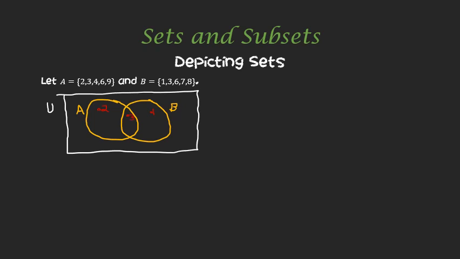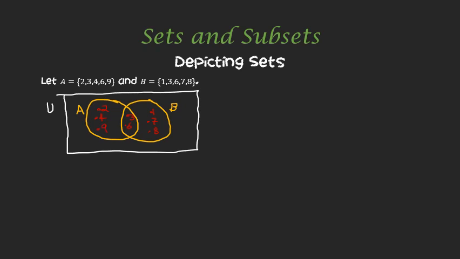So 3 is there. 4 is in A, but not in B, so I'll draw 4 over here. 6 is in both of them, so that goes in the intersection again. 7 is in B, but not in A. Same thing is true for 8. So 7 and 8 go over here. And then A contains the element 9, but B does not, and so 9 goes over here.